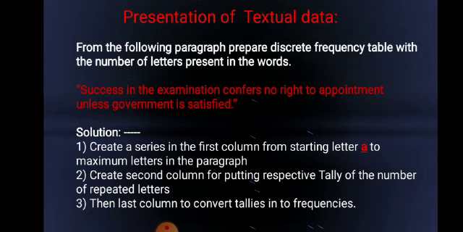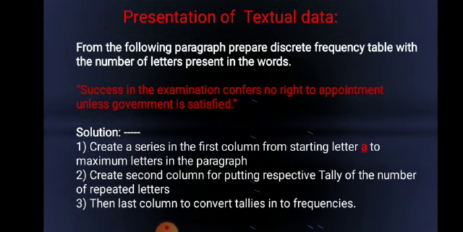Got the point, everyone? How to prepare a discrete frequency distribution table? In total we require three columns. The first column is the number of letters in the paragraph from A to Z, right? See how many maximum letters there are. Then the second column is for putting tallies.